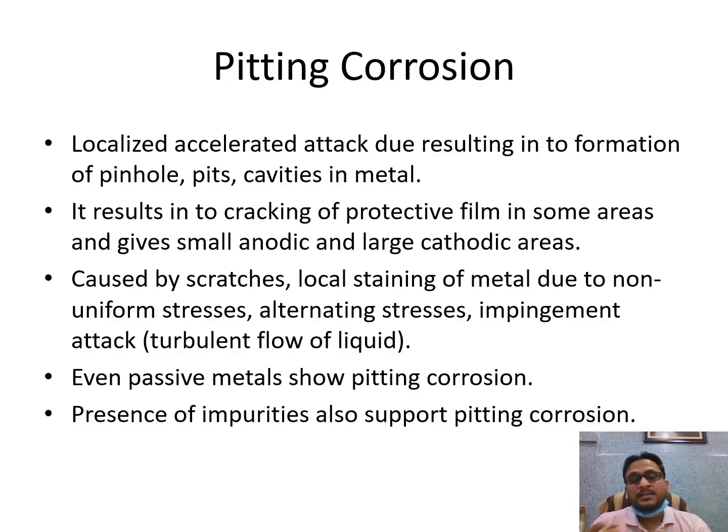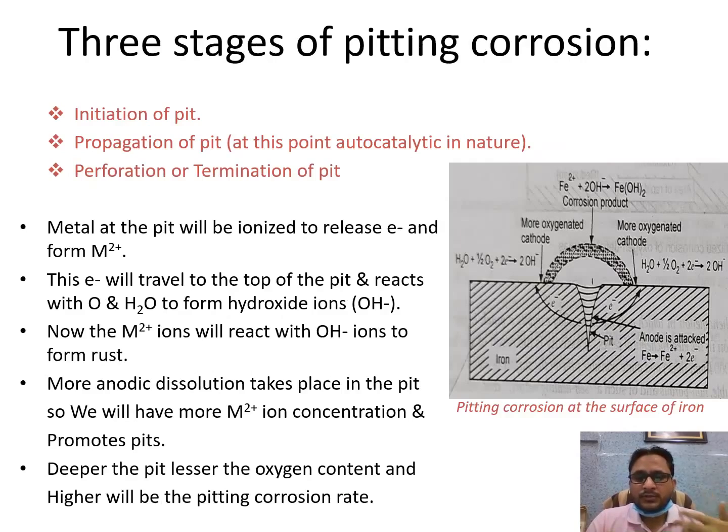Some metals under certain conditions, especially oxidizing conditions, form an oxide layer which restricts or prevents further corrosion. Such metals in that particular condition are known as passive metals. So even passive metals show pitting corrosion whenever there is a formation of pits or cavities in those metals. In the presence of impurities also, the rate of corrosion due to pitting accelerates.